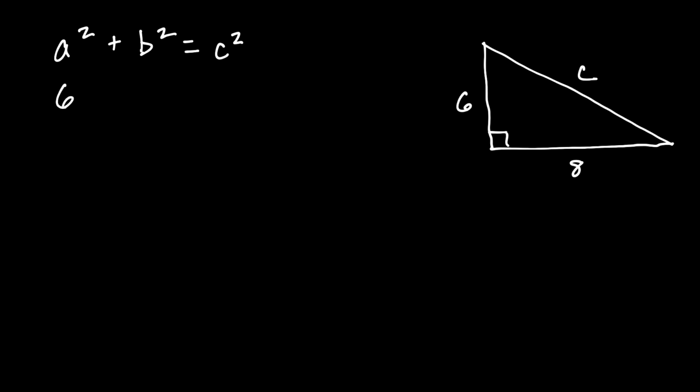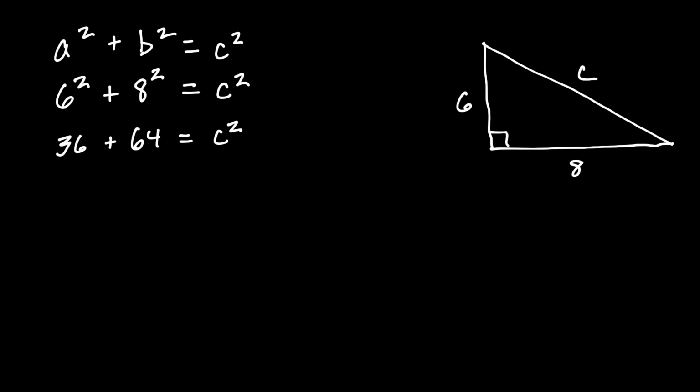So just to stay consistent, I'll call the short leg A, so 6 squared, and the long leg B, which is 8 squared, and this is equal to c squared. Then we just go through and do our arithmetic. 6 squared is 36, 8 squared is 64, and this is equal to c squared.